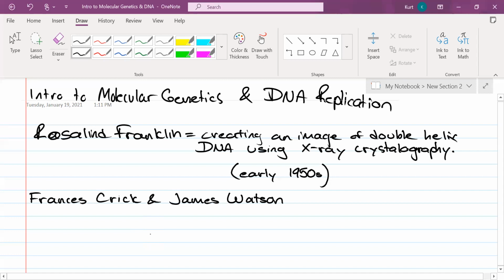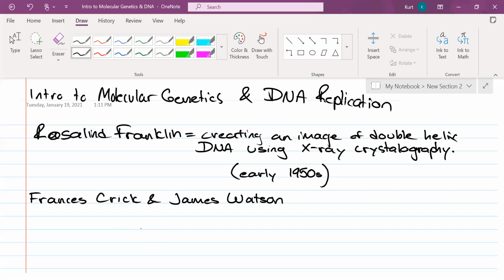It was like a 6-foot tall model of just wires and pieces of metal, and they were making the double helix. It was the first time anyone had actually seen a model of DNA, but they did Rosalind Franklin dirty in that they used her X-ray and took credit for their findings, but they would not have ever made that double helix model if they hadn't seen her picture.